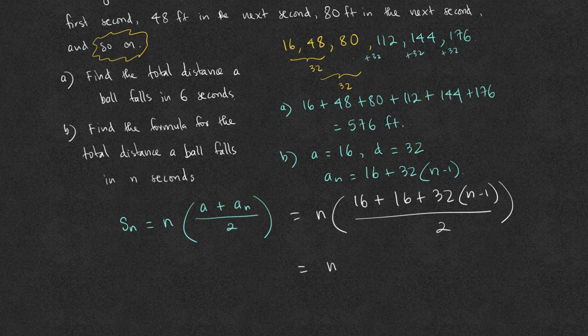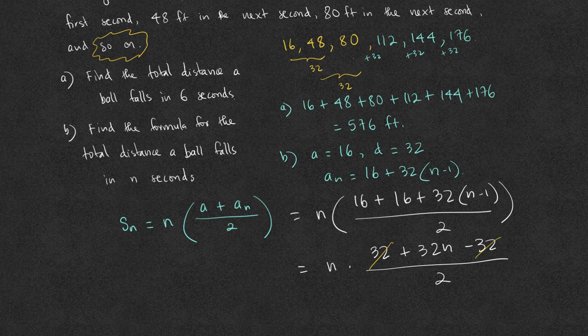Simplifying this, we have n times 16 plus 16, which is 32, plus distribute 32, we get 32n minus 32, over 2. 32 minus 32 is 0.